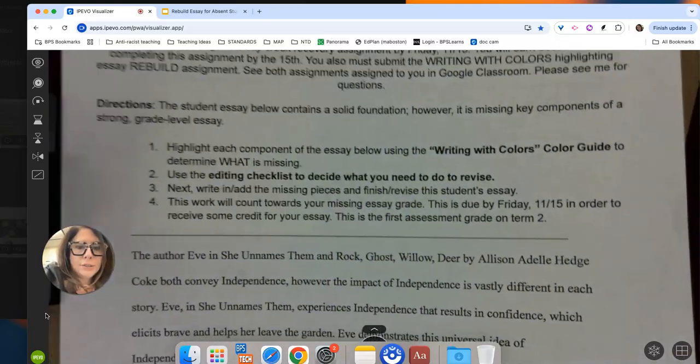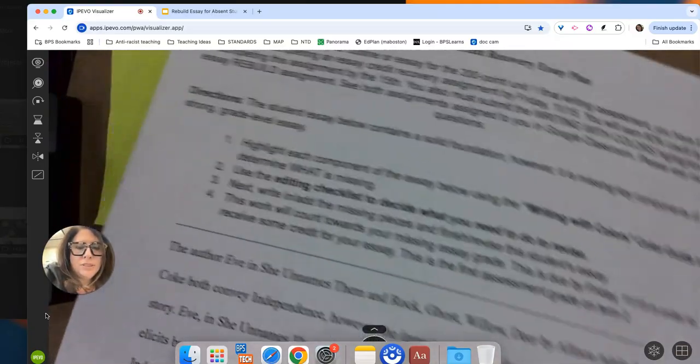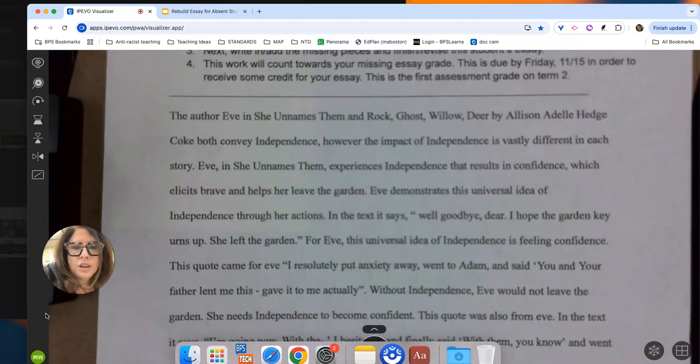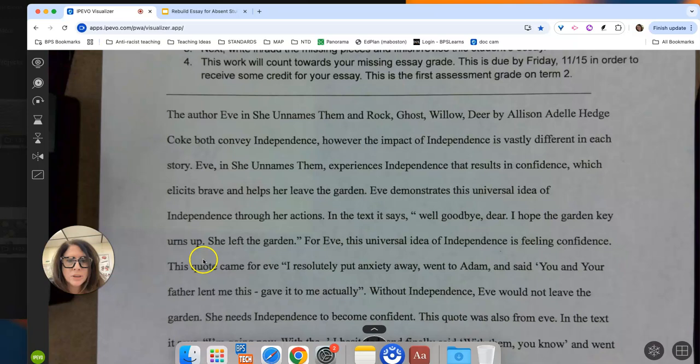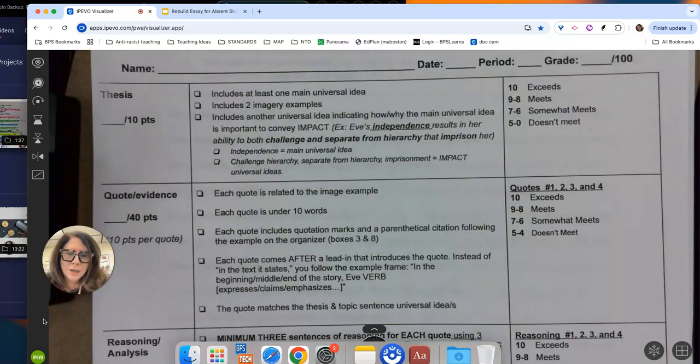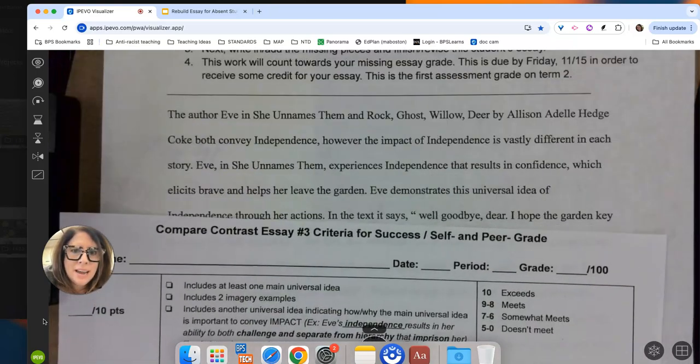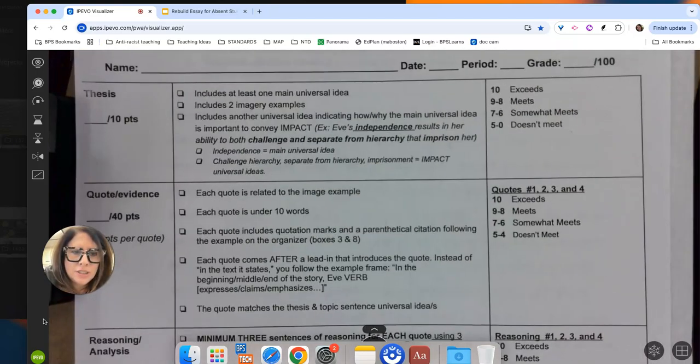On Google Classroom or on the physical copy in class, you would highlight each of the components using the writing with colors for the student essay, and you would also check the essay rubric right here. And so you would look at this rubric and say, okay, does this student essay have a thesis? Well, let's check it out.